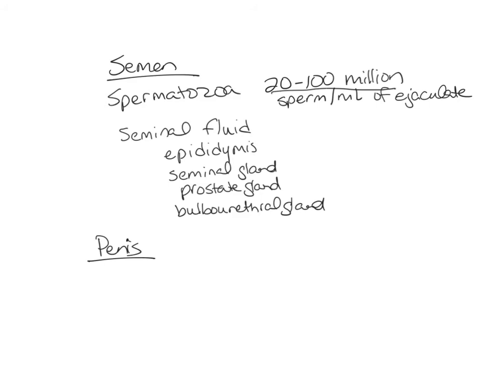So the penis has a root. The root is the fixed portion that attaches the penis to the body wall. Then it has a body. The body is the tubular, movable portion of the penis. And then it has the tip of the penis, which is called the glans.